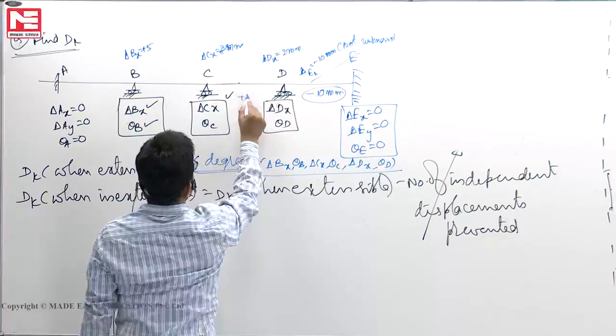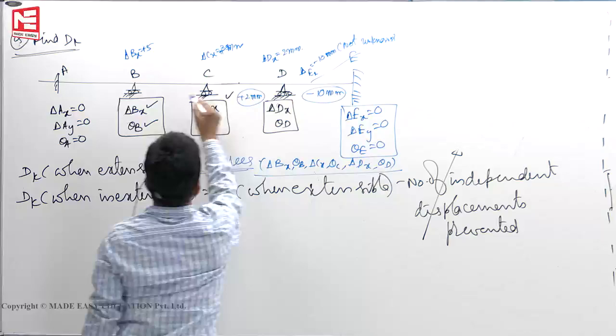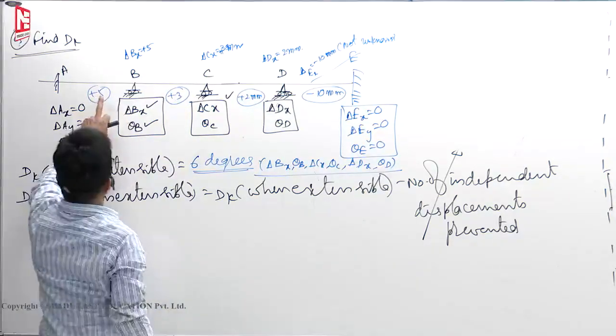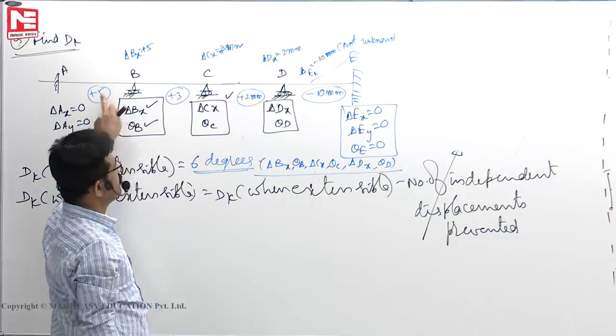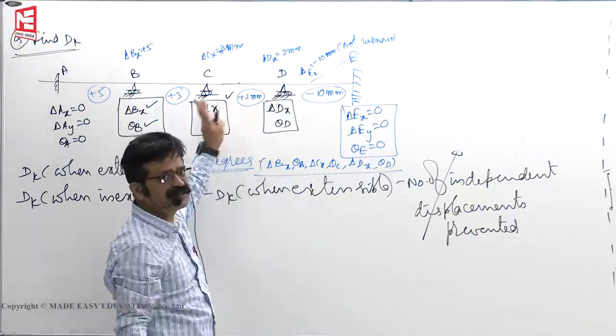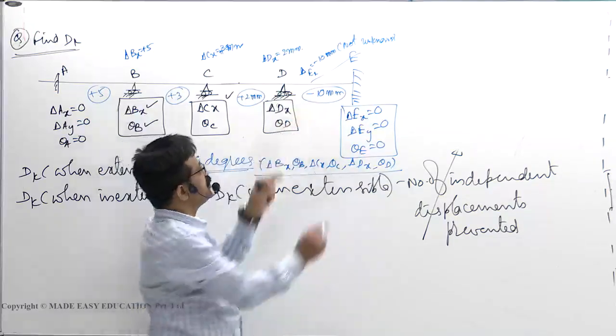This is plus 2 mm, plus 3 mm, plus 5 mm. 5 mm elongation, 3 mm elongation, 2 mm elongation. So 10 mm, 3 members elongated. This is not unknown.